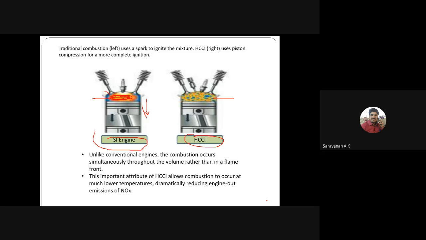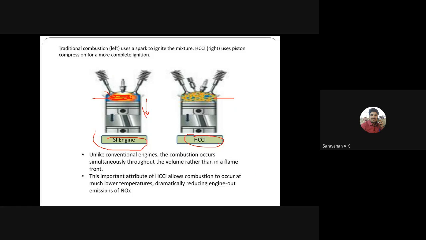So in this HCCI mode of combustion, the fuel and air are mixed prior to the start of the combustion, right? The mixture is auto ignited spontaneously at multiple sites throughout the charge volume due to the temperature increase in the compression stroke, right?